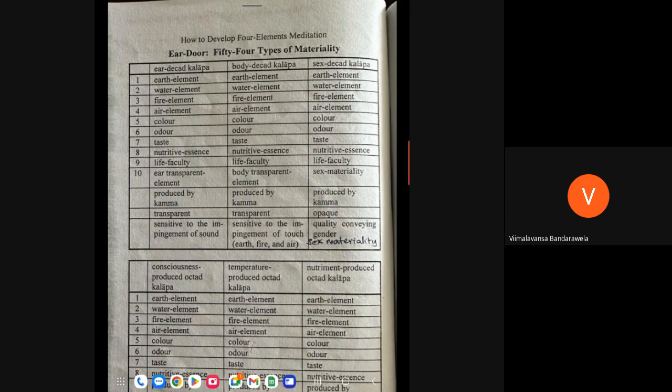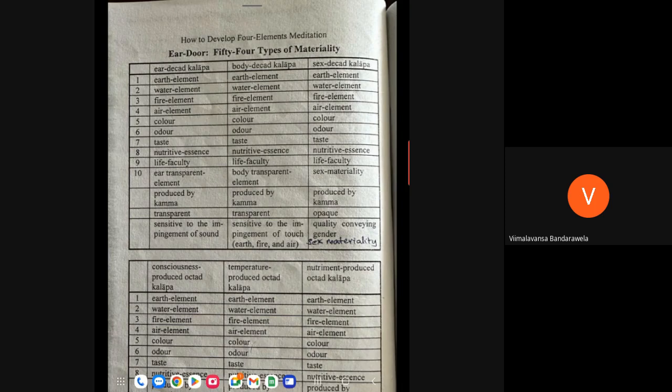And it has its own characteristic, that is, the female characteristic. You can understand the smoothness of that materiality, as well as its movement like a female. So you can understand this sex decad kalapa very easily in all six sense doors. That is the sex decad kalapa.